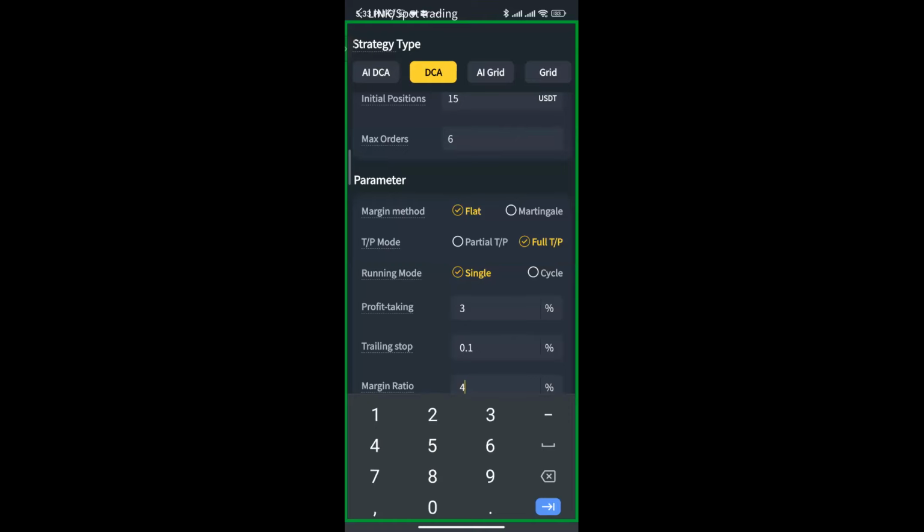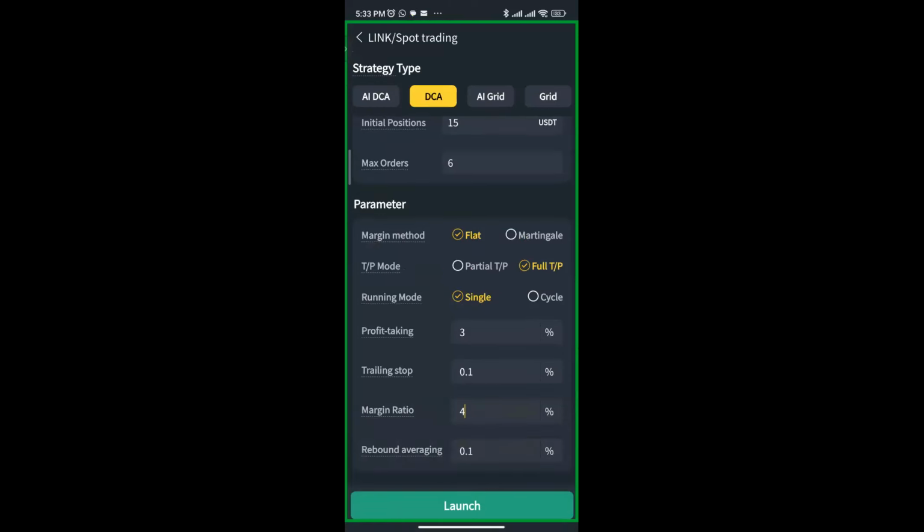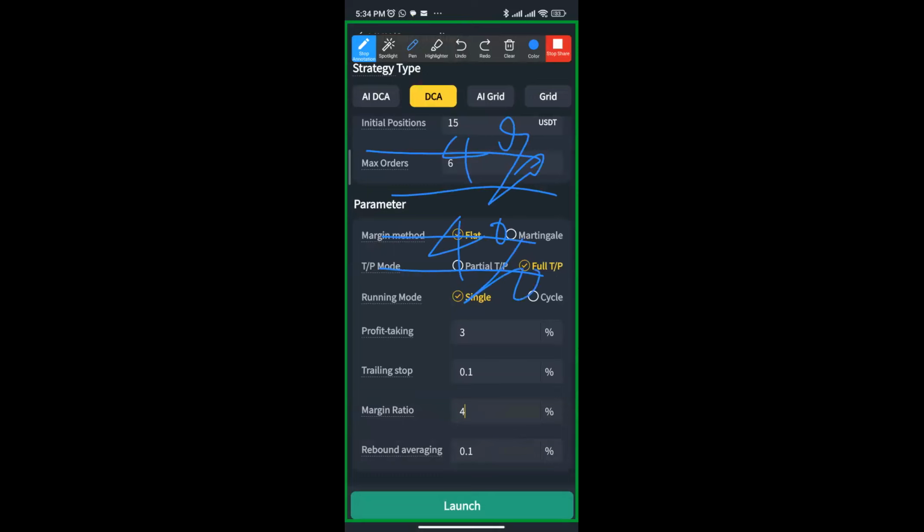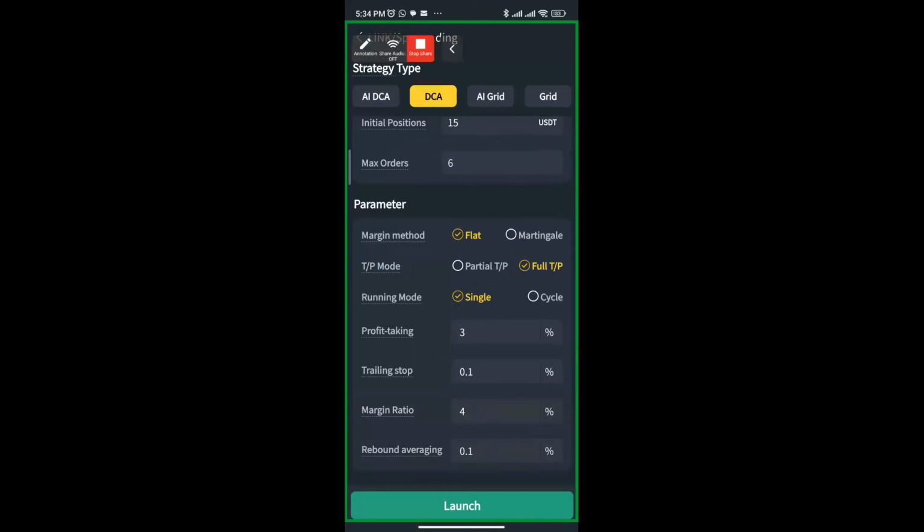So for every 4% drop in the market, the robot will buy. It will do this until you make your 3%. That's when the robot will opt out of this market. So that's it. We've set our parameters.